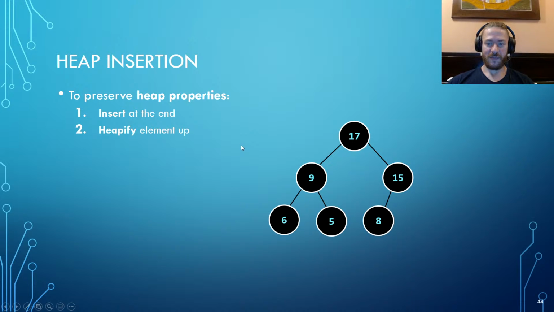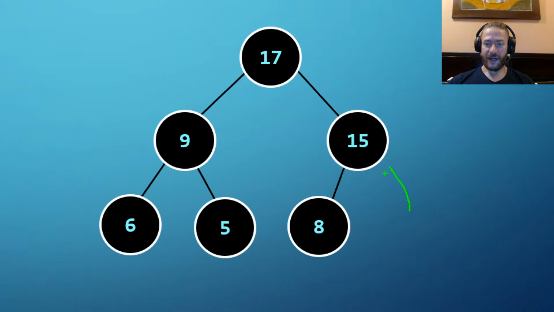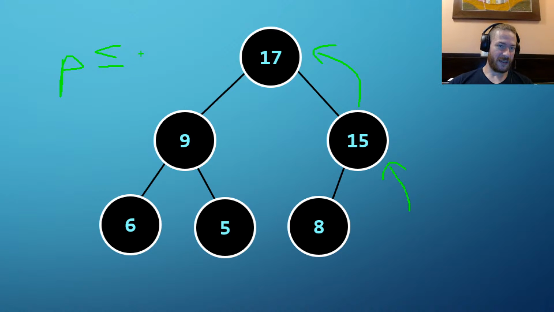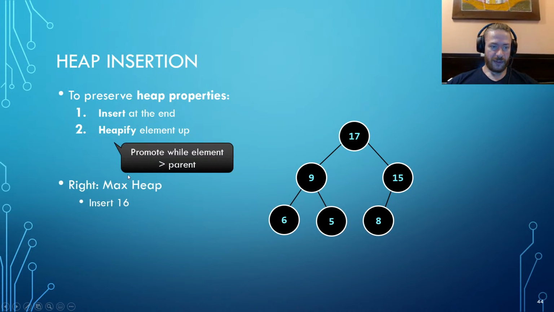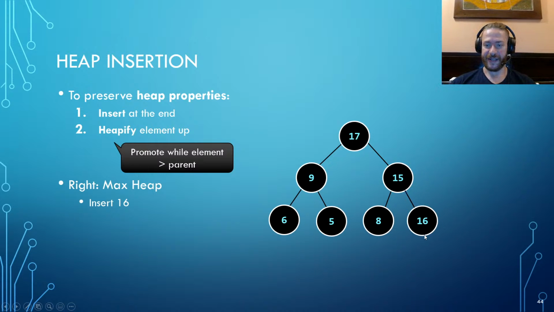Heapify means we promote the element until the heap condition is satisfied, and the heap condition is parent to be less than the child, or the opposite, parent to be bigger than the child, depending on the type of the heap. So if we want to insert 16, we insert it here, and then we need to heapify it up. We need to promote it until it satisfies the conditions.